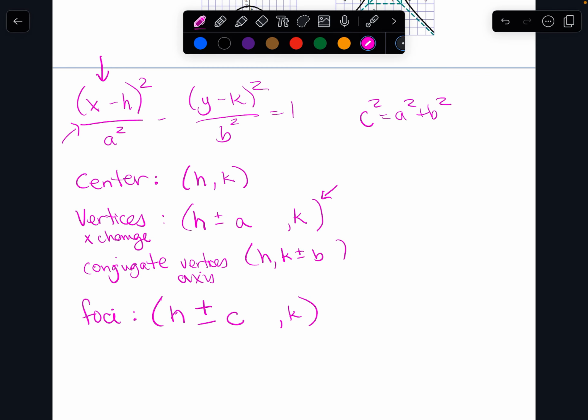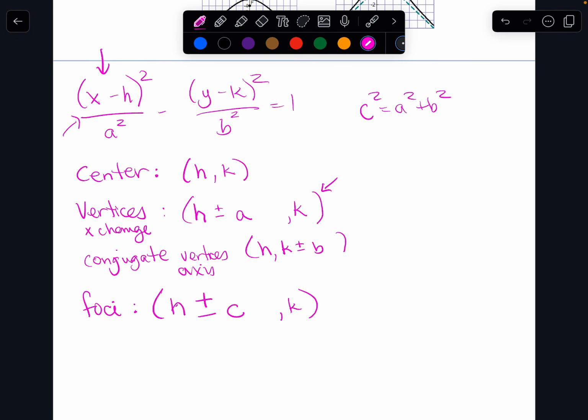Now, I don't know if your teachers have taught you this, but the asymptote, I misspell it, sorry. The equation for that is going to be y equals k plus or minus b over a, parentheses x minus h.